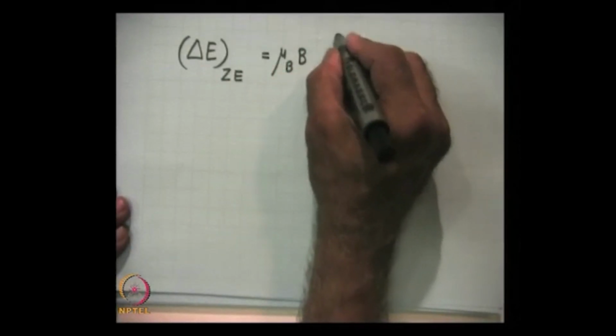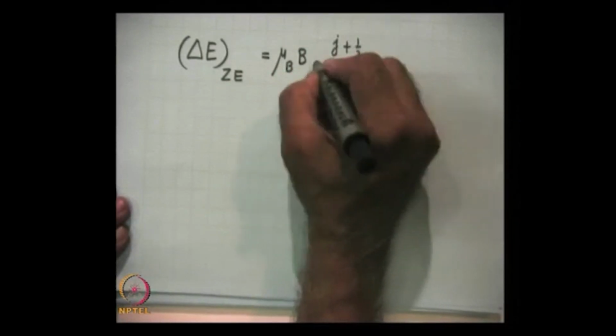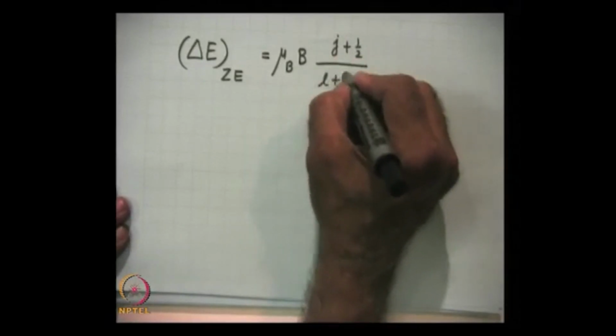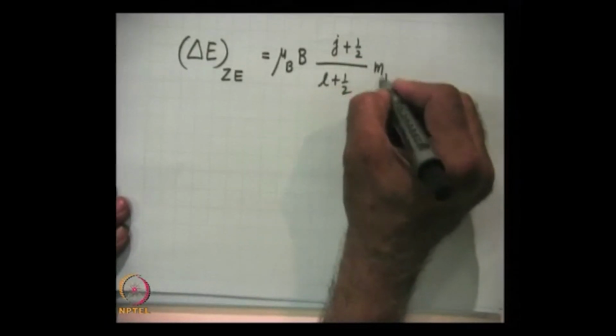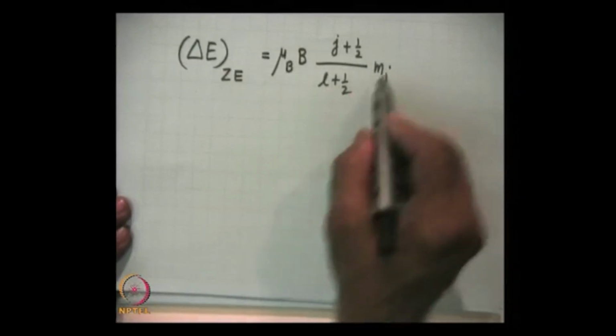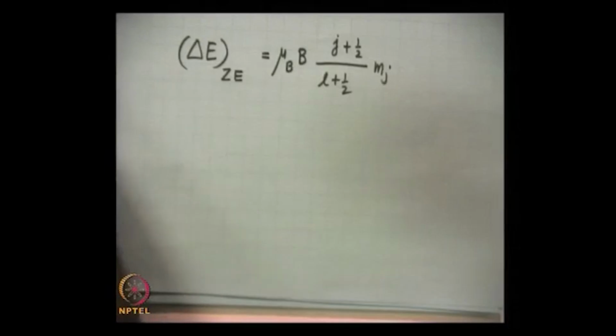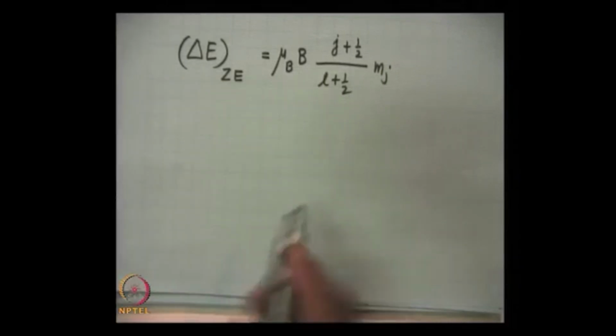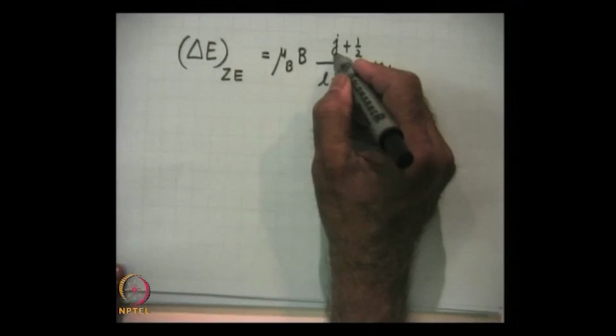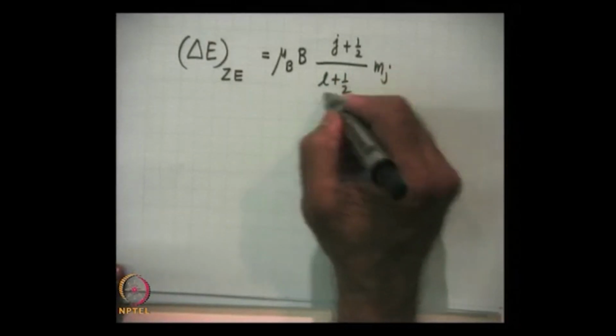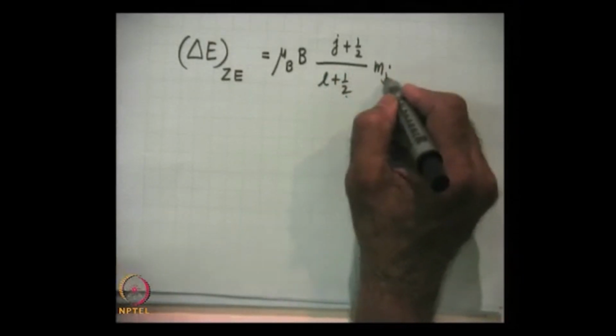It comes out to be j plus half divided by L plus half, times mj. So, the splitting is therefore proportional to, and I had that slide somewhere, I hope I can find it, j plus half divided by L plus half times mj.